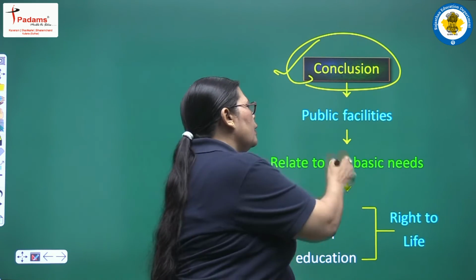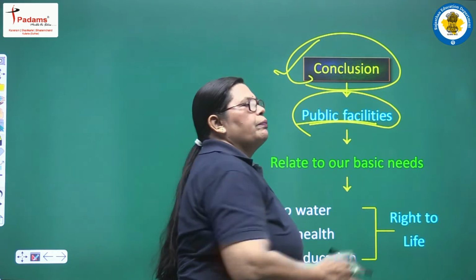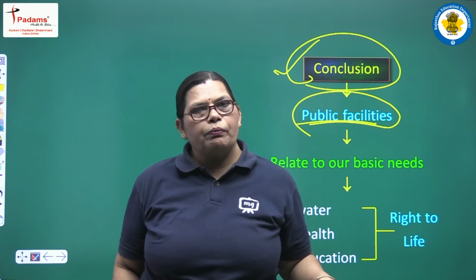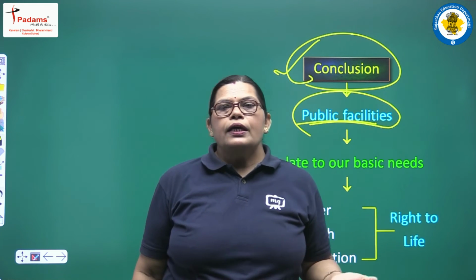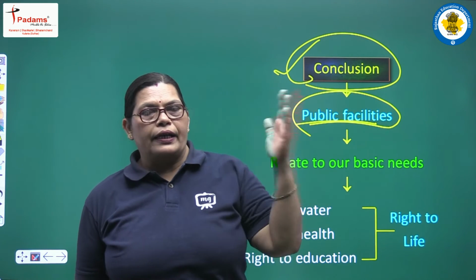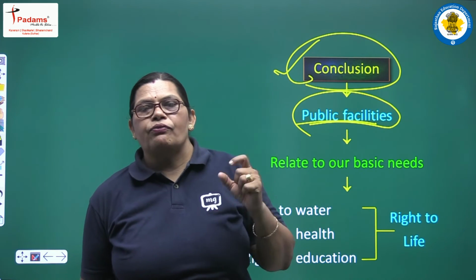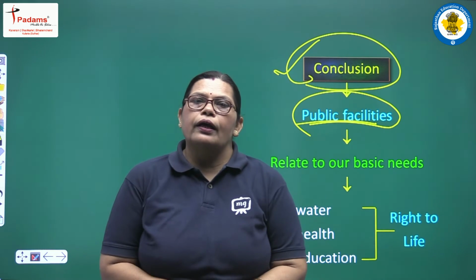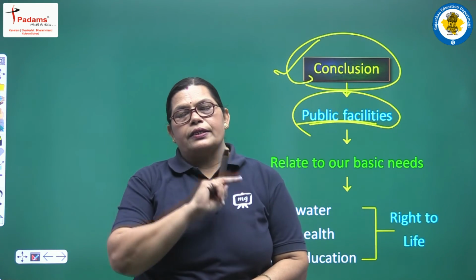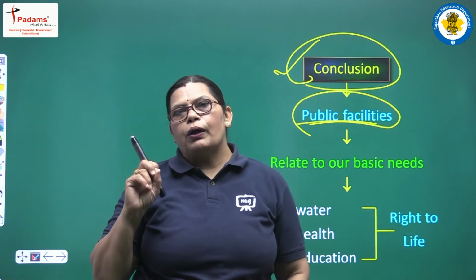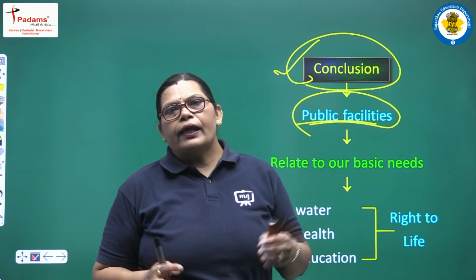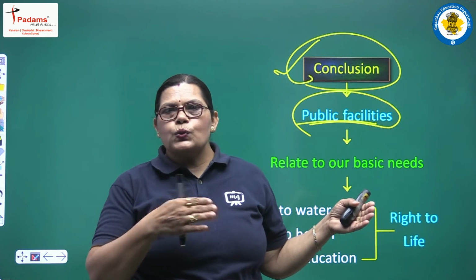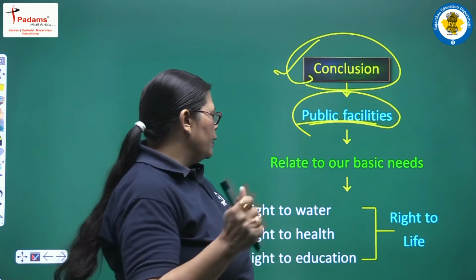We studied about public facilities, and in public facilities we studied many types of public facilities such as water, electricity, hospitals, schools, colleges, etc. But in this chapter we are especially considering the water public facilities, and in this one we are considering Chennai, and in Chennai we consider the better way of supplying water to all of the people.